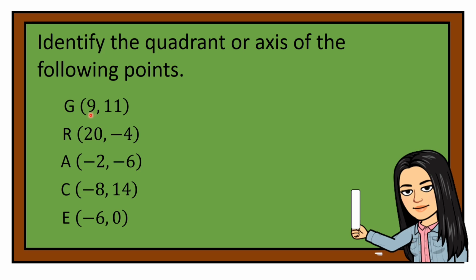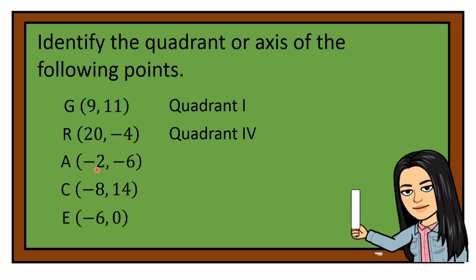Our x-coordinate is positive. The y-coordinate is also positive. Therefore, point G is located in quadrant 1. Next, point R. The x-coordinate is positive. The y-coordinate is negative. Therefore, it can be found in quadrant 4.